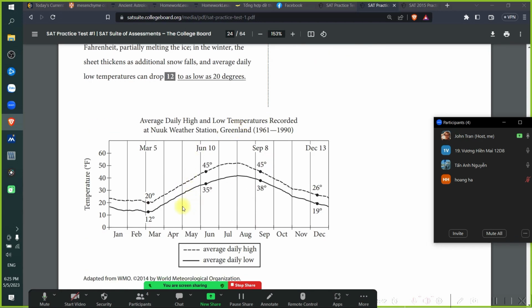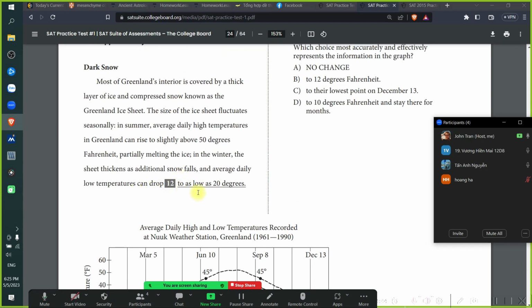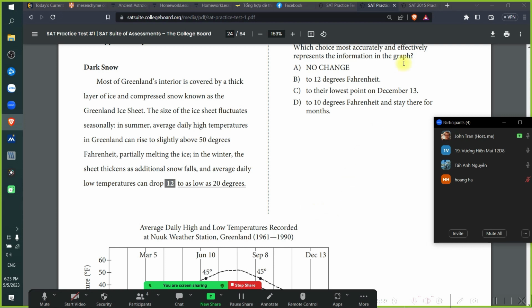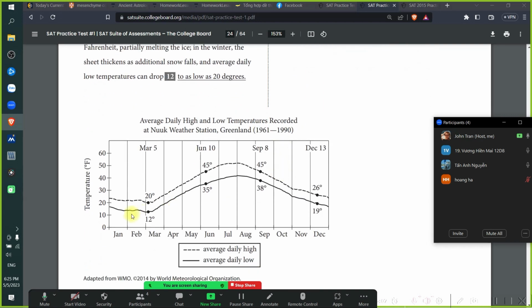So here it talks about winter, right? Cái chỗ 12 nó nói về winter. So 20 degrees, right? Which choice most accurately and effectively represents the information in the graph? So this graph, what do they say?